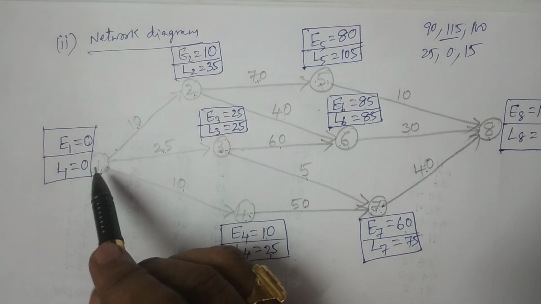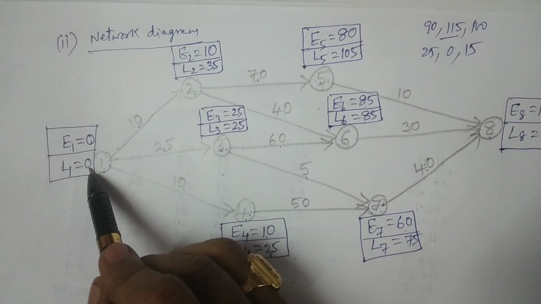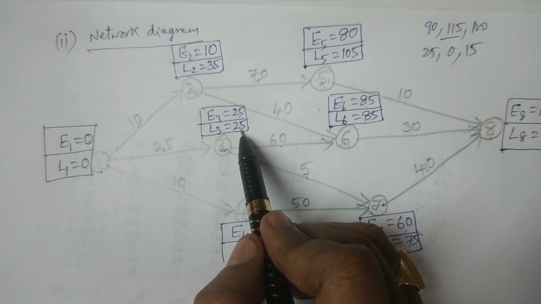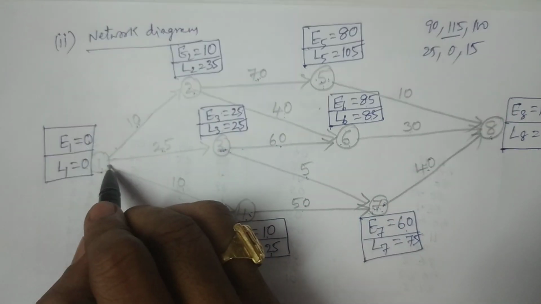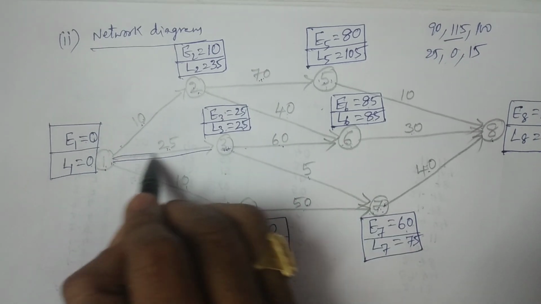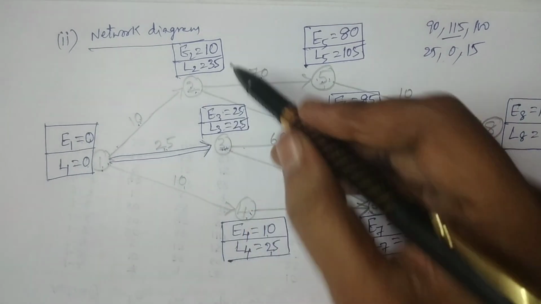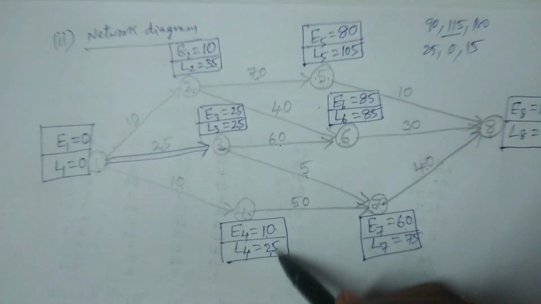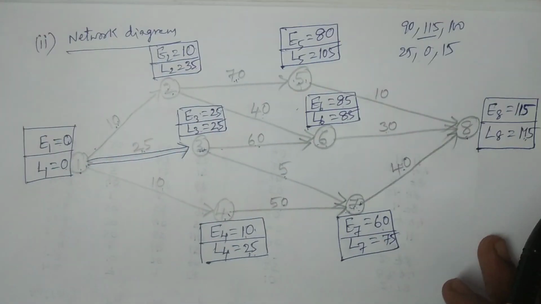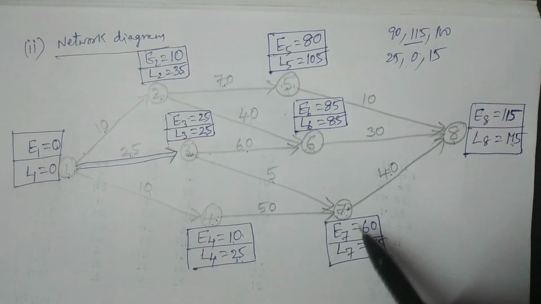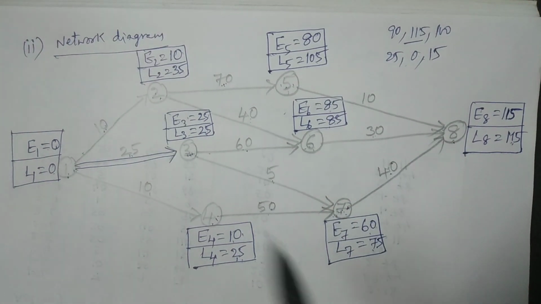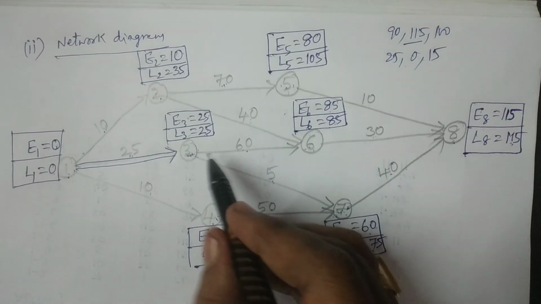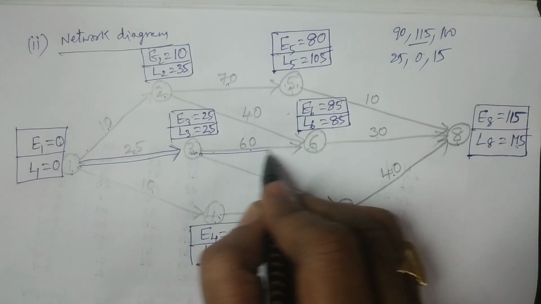Observe the activities here. E1 equals 0, L1 is 0, and E3, L3 are 25, 25, which are equal. Therefore 1 to 3 is a critical activity. E2, L2 are not equal, E4, L4 not equal, E5, L5 not equal, E7, L7 not equal. Now E3, L3 are equal and E6, L6 are equal, so 3 to 6 is also a critical activity.